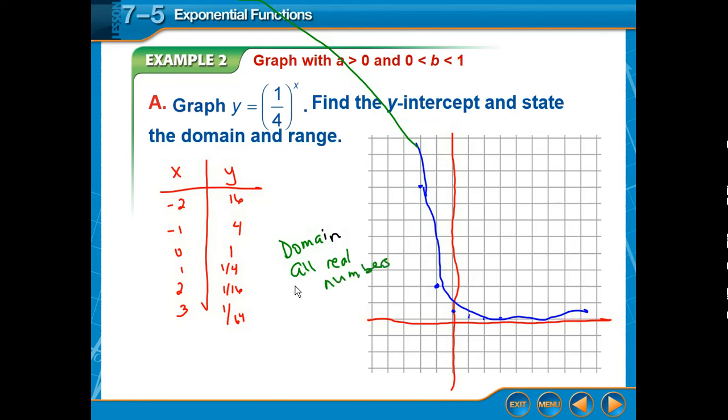Okay, and the range, remember, up and down. So the range, because all of my blue is above the x-axis, I only have y values that are greater than 0. So y is going to be greater than 0.